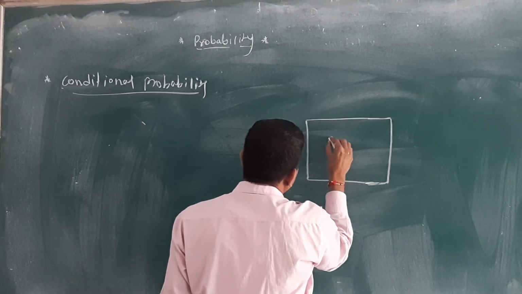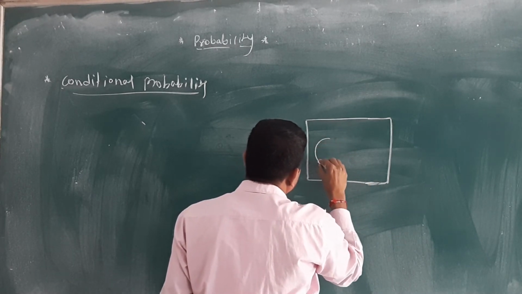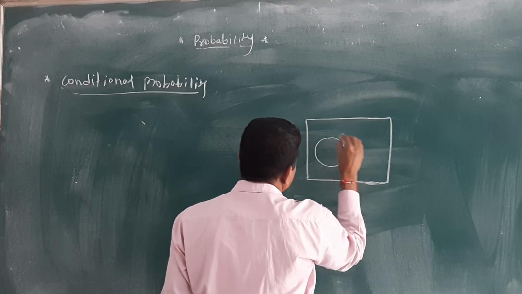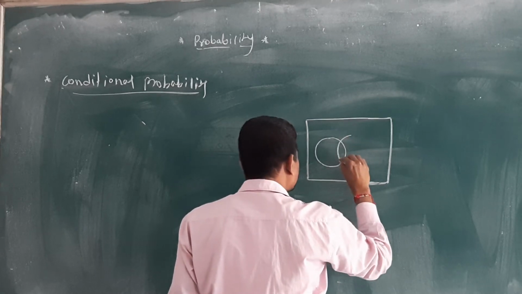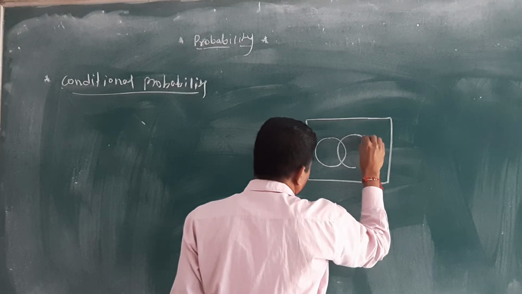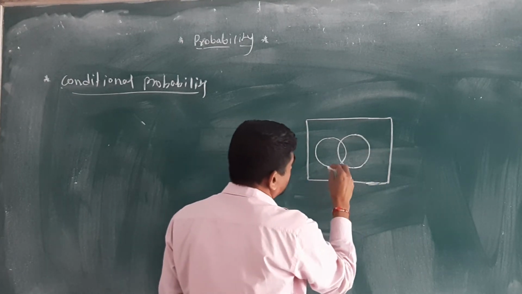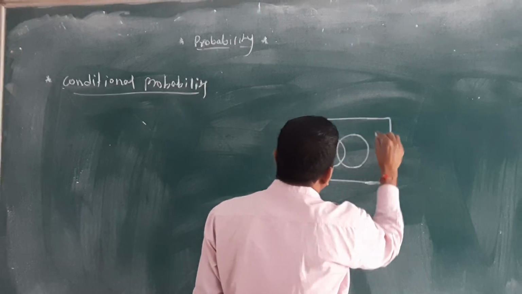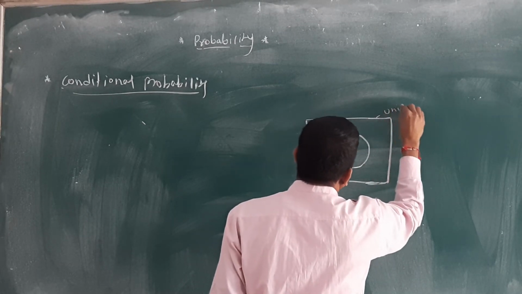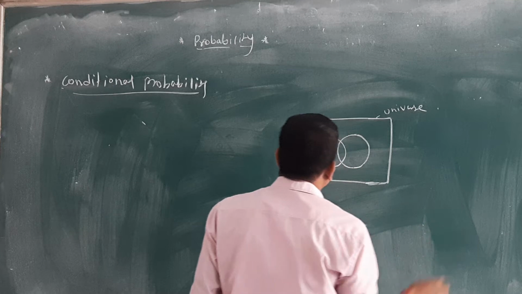I will take here one example. Suppose there are 100 students. Out of those 100 students, they like... I will explain. Here, suppose this is a universe. Okay.